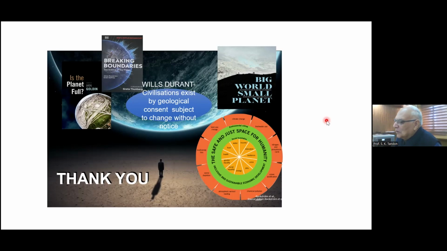And we continue to have our meetings of COP and so on and so forth with different viewpoints, and convergence is something which is difficult to find. But Will Durant's statement reminds us that we must come together and converge, because civilizations exist by geological consent, subject to change without notice. And humans need to keep this in mind. Thank you very much.